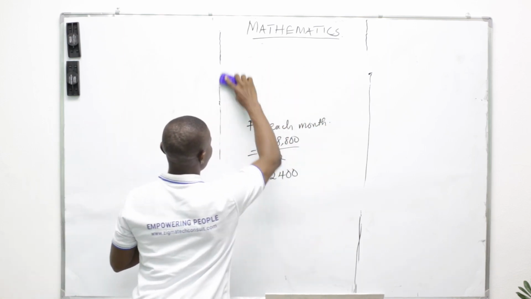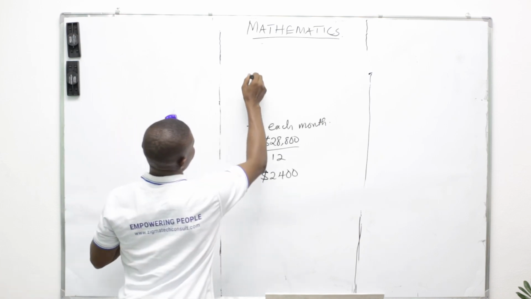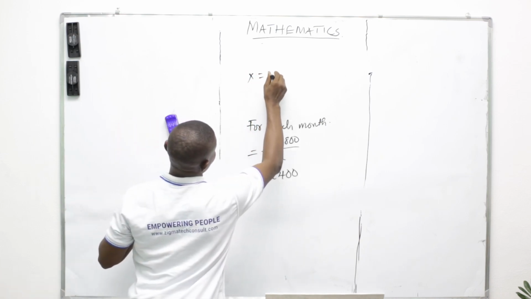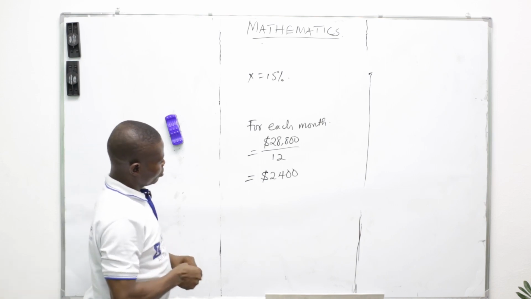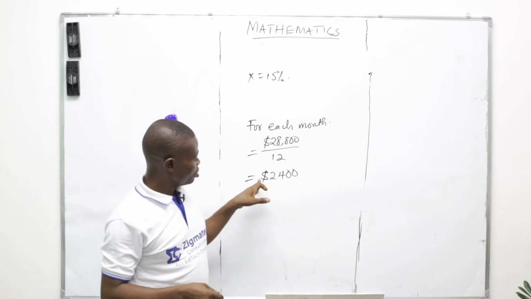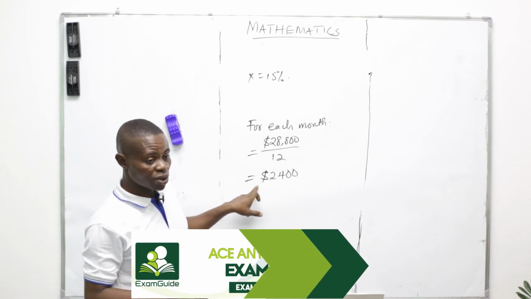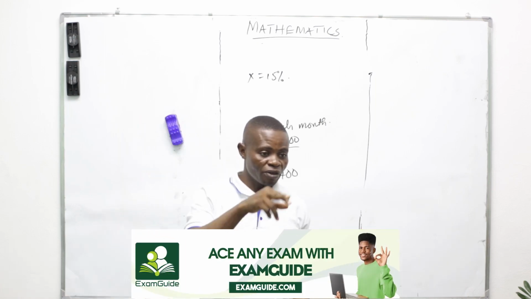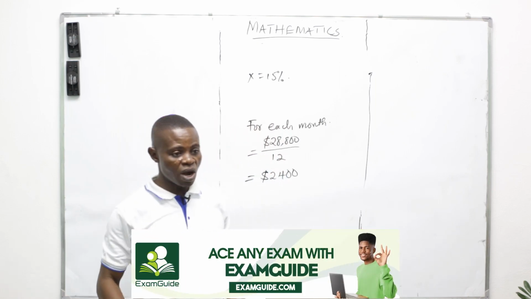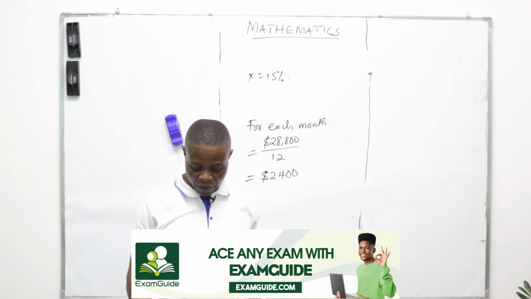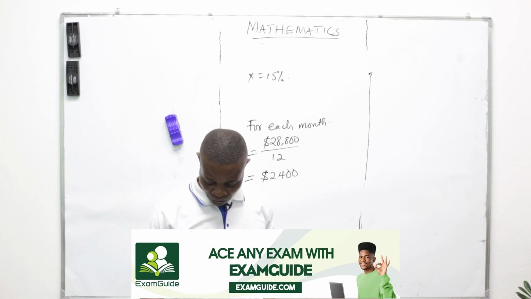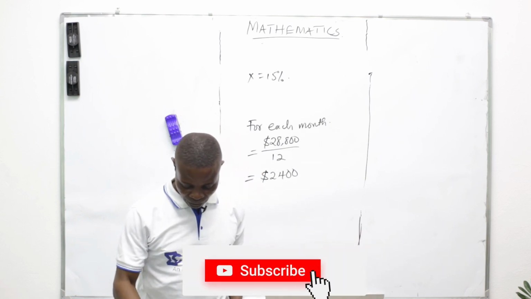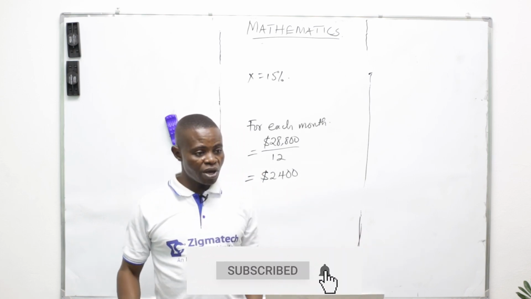Let us apply. Recall that S is still 15%. Now this is what for each month. Now for savings, how many percent do we have? We have 15%.